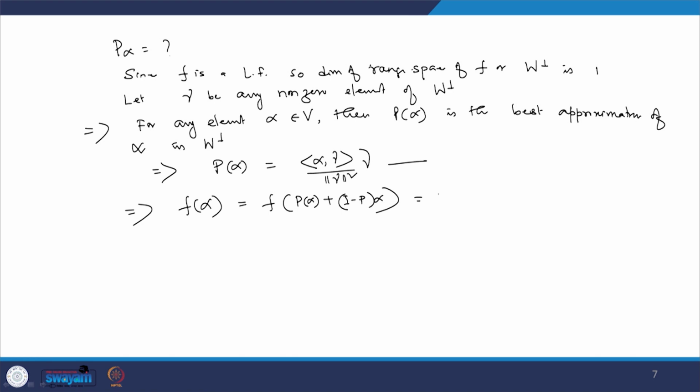Therefore, it will be simply f of P alpha.